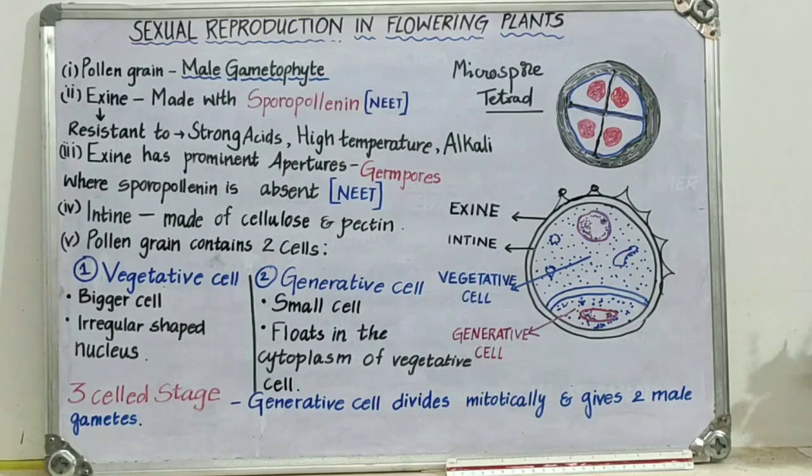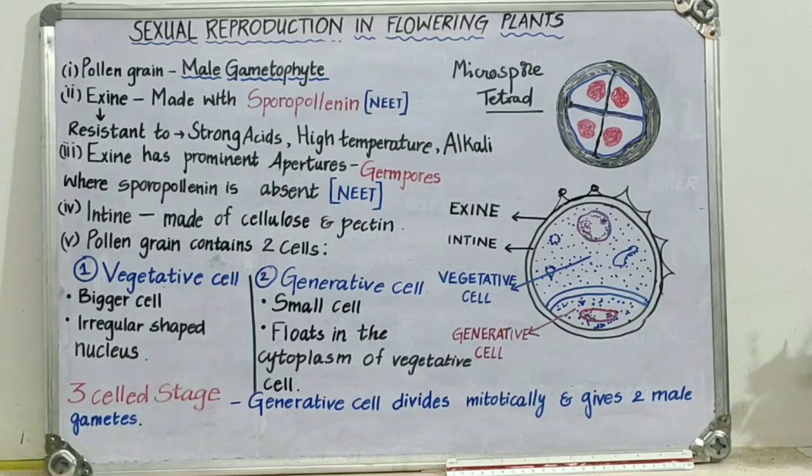Then in the case of rice and wheat, if you have notebooks, you can make a note. Rice and wheat are the two examples. Pollen grains lose their viability within 30 minutes. I am repeating, it is important from a competitive point of view. In rice and wheat, pollen grains lose their viability within 30 minutes of release on the stigma.